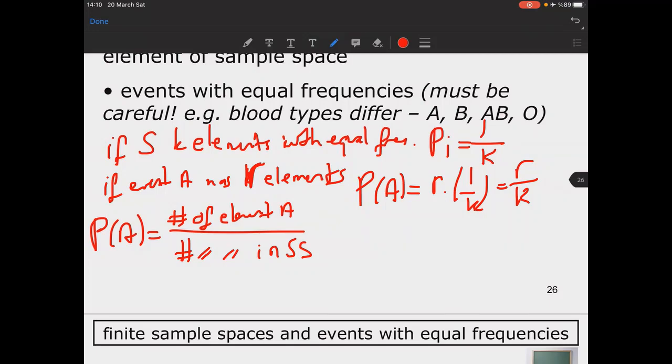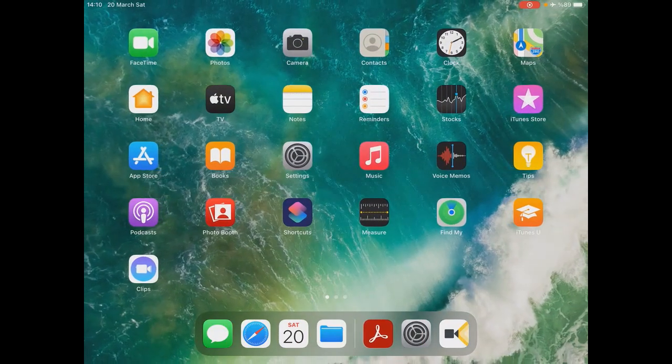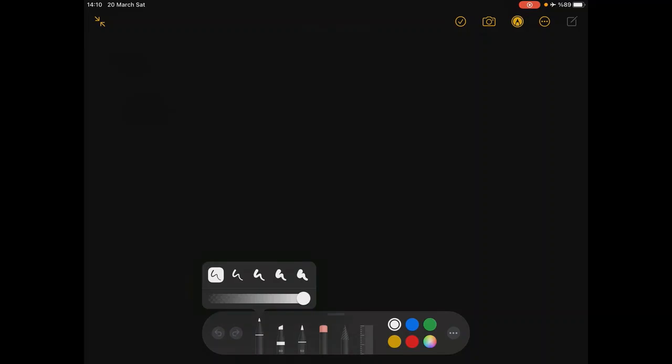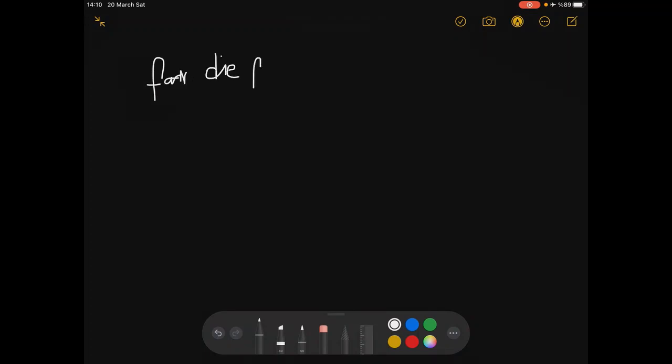So what can be some examples in this sense? For example, a fair die. What about a fair die, for getting something above 4?